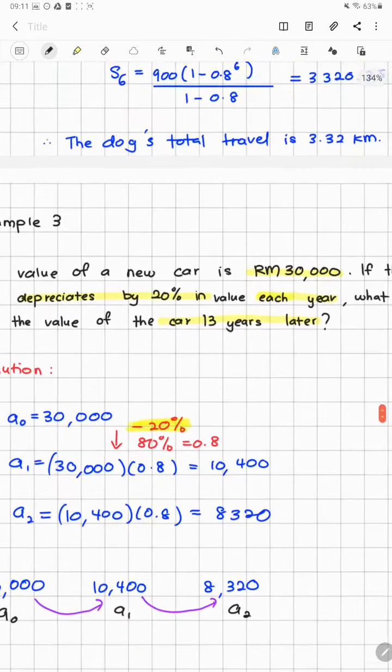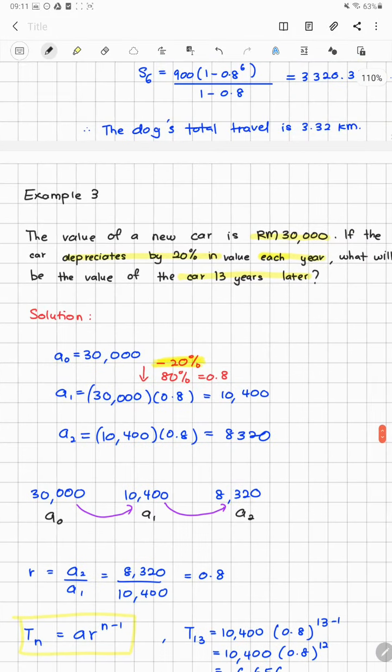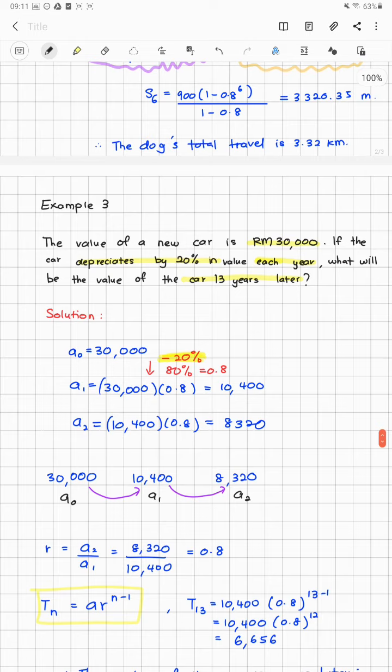Okay, so kalau berkurang sebanyak 20% dalam setahun, setiap tahun, bermaksud A pertama kita adalah 30,000. Ini harga yang kita dapat. Tahun yang pertama selepas dia dah guna, harga kereta tu akan berkurang sebanyak 20% ataupun 80% lah. So 80% darab dengan harga sebelum. Itulah harga kereta dia selepas setahun. Sebab apa? Dia berkurang sebanyak 20%, so bila berkurang 20%, kita tinggal lagi 80%.